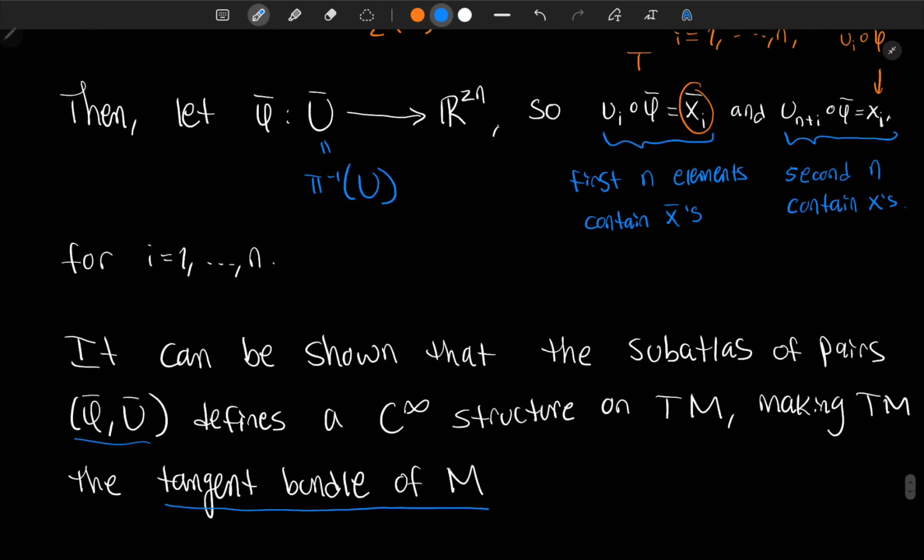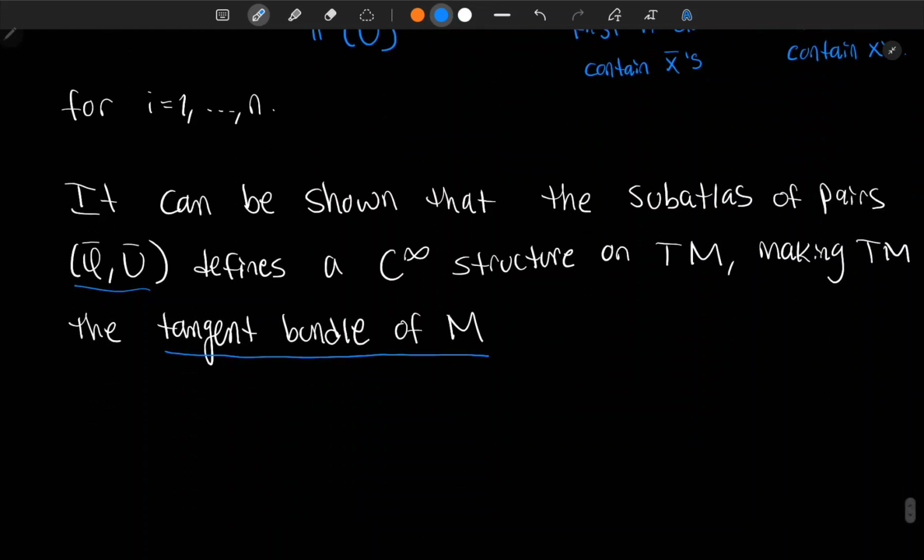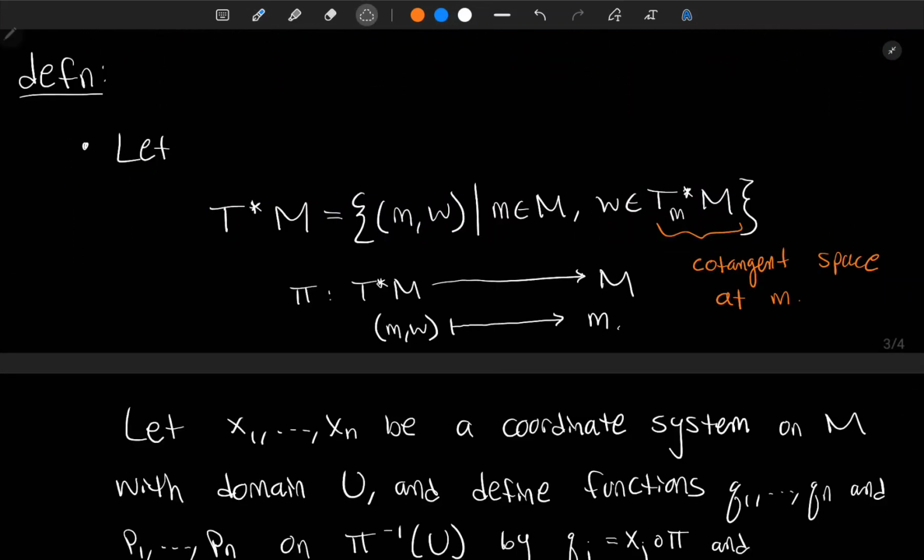So now that we've defined the tangent bundle on M, we can move on to defining the cotangent bundle on M, which has a similar definition. So going to this definition, we have the set T*M given by the following.